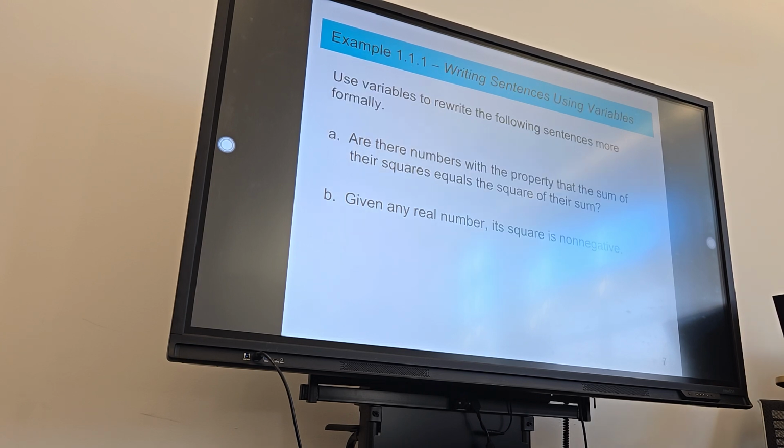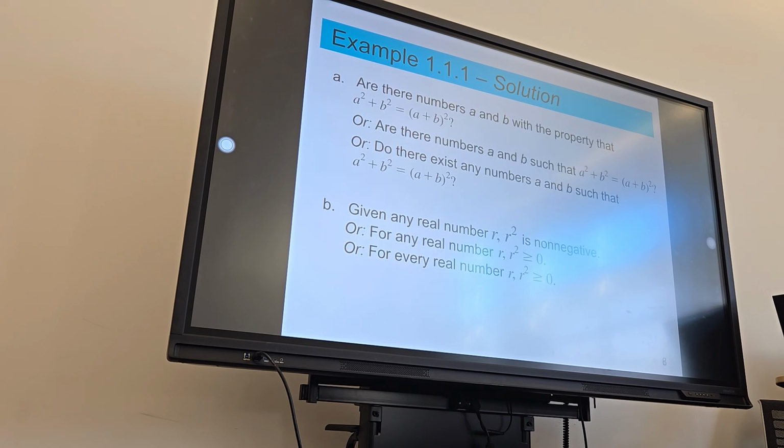In the second example, given any real number, its square is non-negative. So for a real number r, r squared is non-negative, or r squared is greater than or equal to 0.